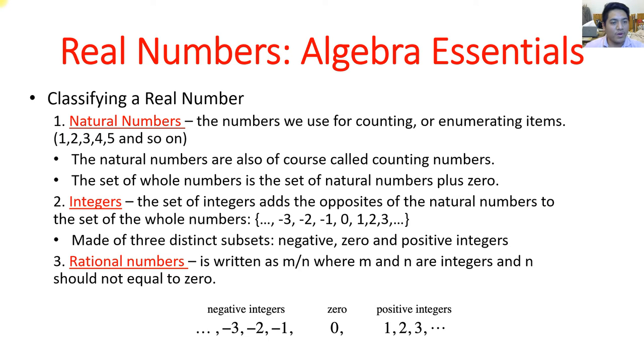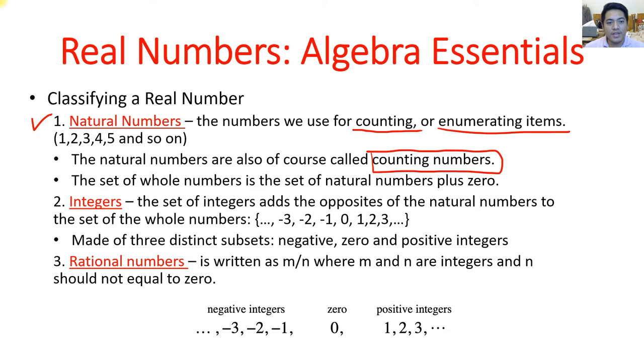We have what we call the natural numbers, the numbers that we use for counting or enumerating items, such as 1, 2, 3, 4, 5, and so on. These are considered natural numbers, also called the counting numbers.